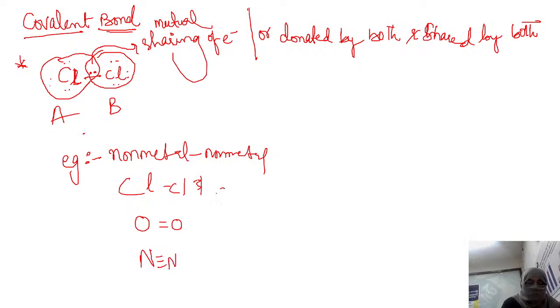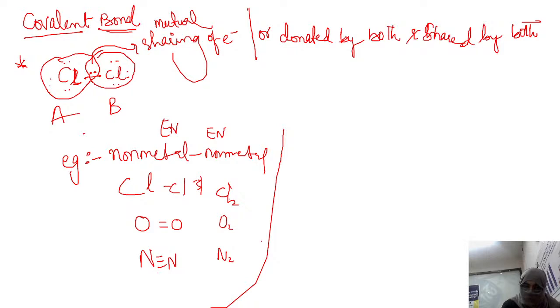That means Cl2, O2, N2. This type of bond, which is formed between similar atoms by sharing of electrons, is known as a covalent bond, right? That means the elements should be electronegative and electronegative. Then only it will be possible.